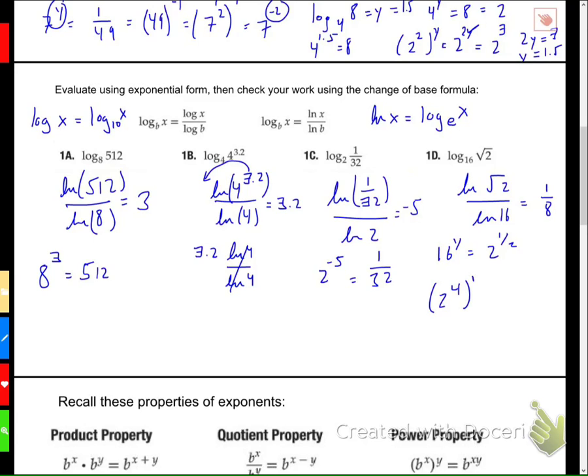So 2 to the 4th to the y is equal to 2 to the 1/2. 4y is equal to 1/2, so y is equal to 1/8. That gives you the same answer as the change of base formula. Anytime we just have plain old numbers on the test, you'll be able to use the change of base formula, but we need to know how to convert these into exponential form and solve, because sometimes we'll have variables, and in that case the calculator is not going to help you.